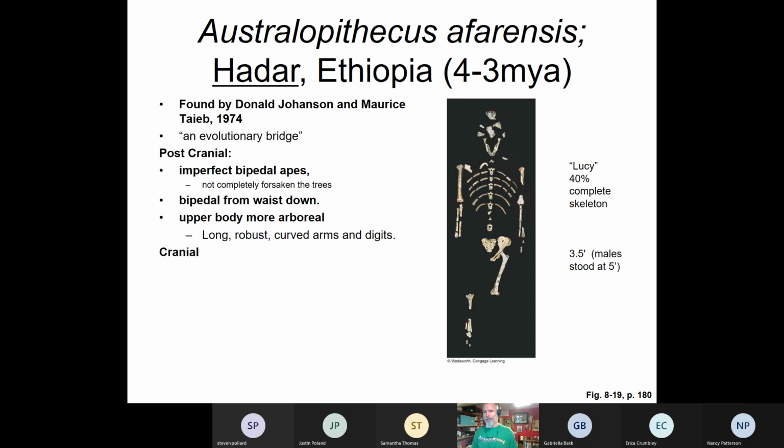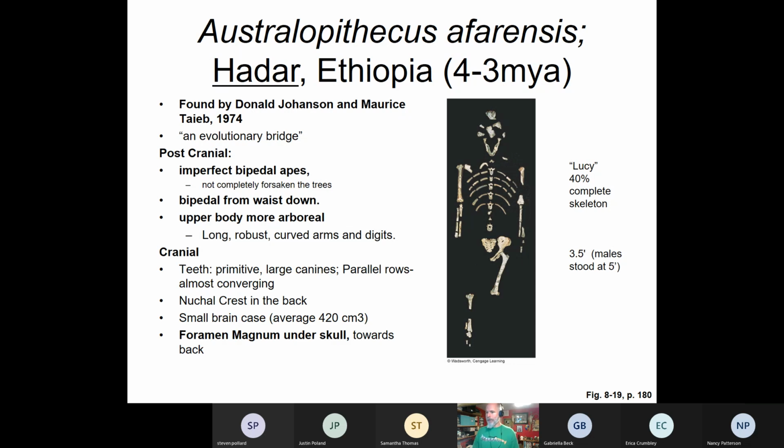This is a repetitive story when we talk about pre-Homo: the limbs from the waist down are bipedal, the femur in other words, but the arms are curved, representing somebody that lived in the trees. And the teeth are definitely primitive, parallel rows, in other words converging in the back, like we just saw.